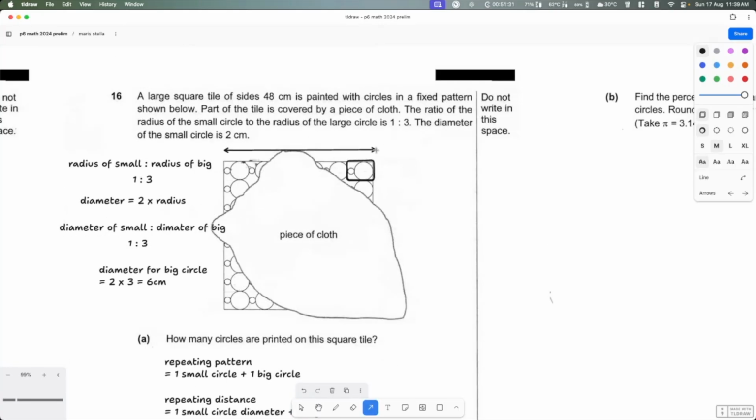And then we know that one side of the square is 48 centimeters.